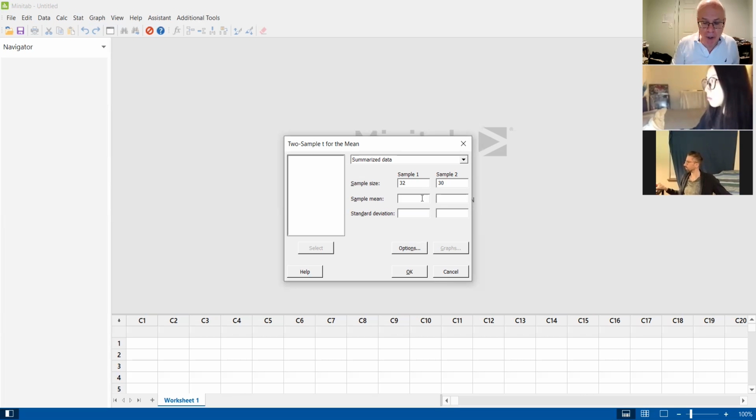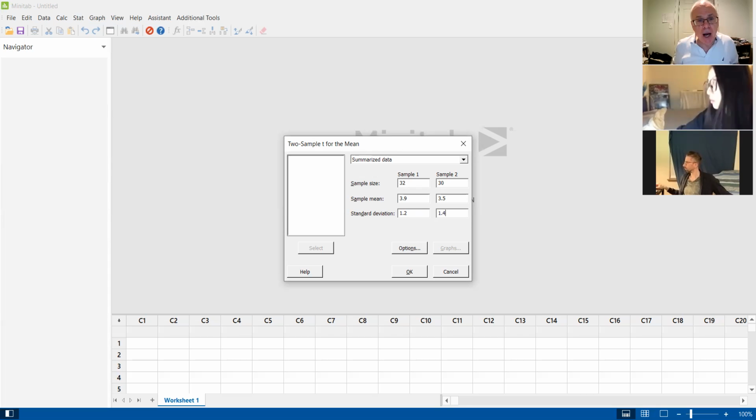The sample means we're going to put in next: 3.9 for seniors, and for sophomores, 3.5. For the standard deviations, notice it's not asking for the variance because it's going to do the calculations for us. Group 1 standard deviation is 1.2, and for group 2, 1.4.